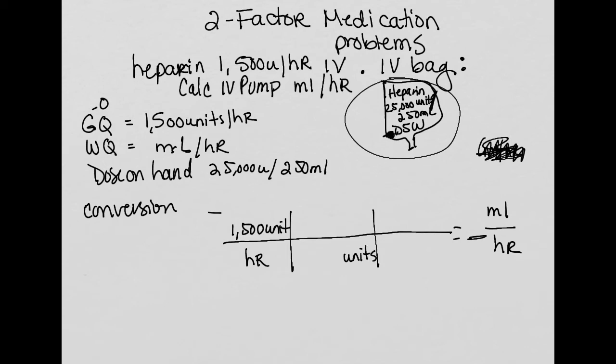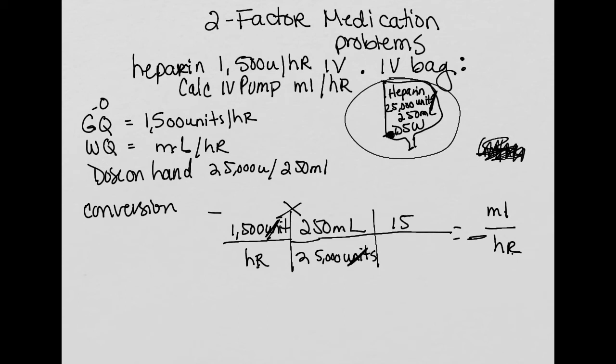So I can do 25,000 units, I'm sorry, here is in 250 mLs. I can right away cross out the units. Now what do I have? I have mLs per hour, so it looks like I'm already there. I don't really need to do any more conversions. I can multiply these two and get that answer, which is 15.